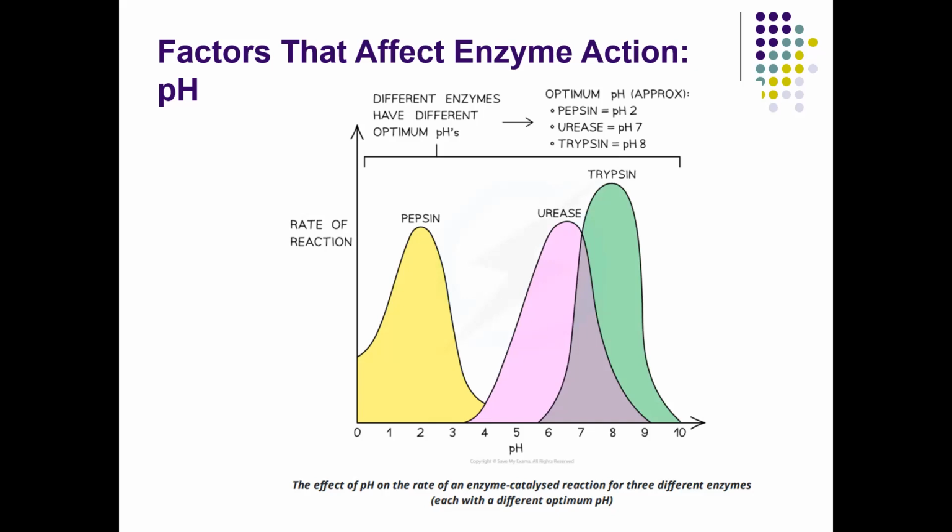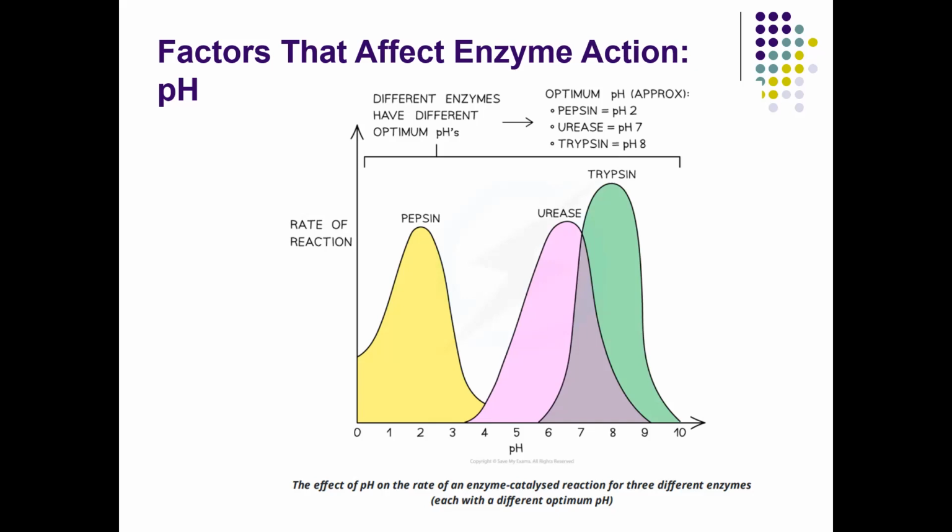Okay, so I will repeat: pH is the degree of how many hydrogen ions are in the solution. The more acidic the pH, the more hydrogen ions are present in the solution. Hydrogen ions can affect the degree of ionization in the R group of the amino acid, so they can affect the positive or negative charge of the R group.